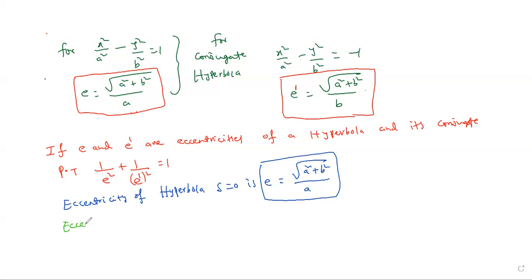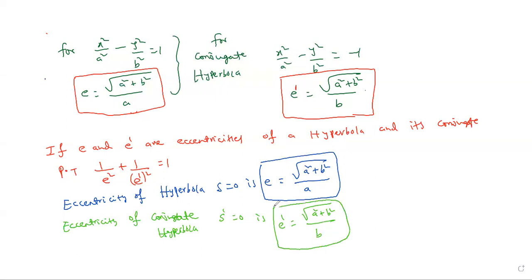Now the eccentricity of conjugate hyperbola S dash equal 0 is e dash, which is equal to under root a squared plus b squared by b.